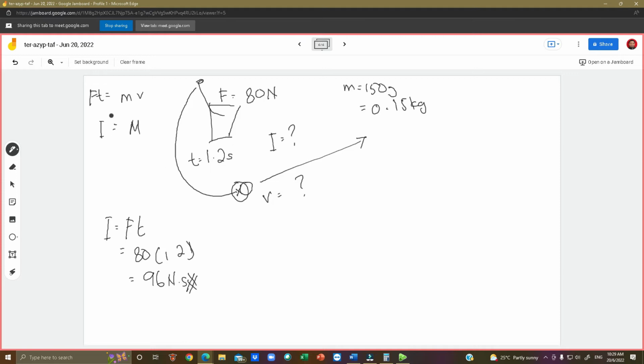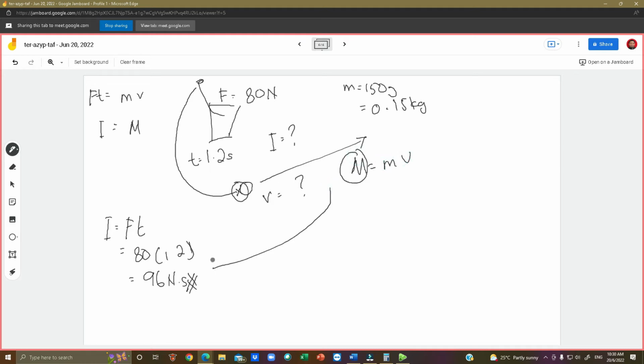So we can further that by using the second part of the equation, the momentum, because everything that is inflicted with a force, with an impulse, will move. Meaning that you have impulse, you have momentum, and the amount is equal for both. Jadi kita ada momentum equals to mv. So how much is the ball momentum?